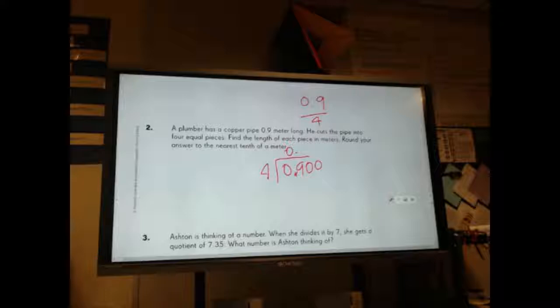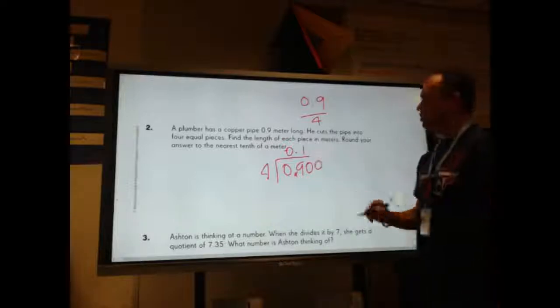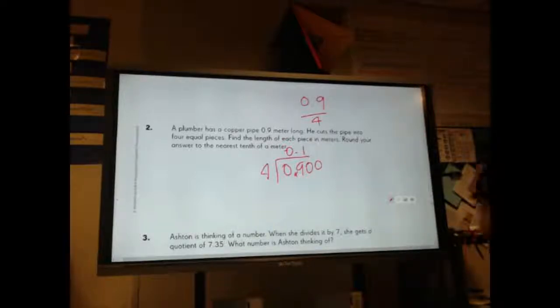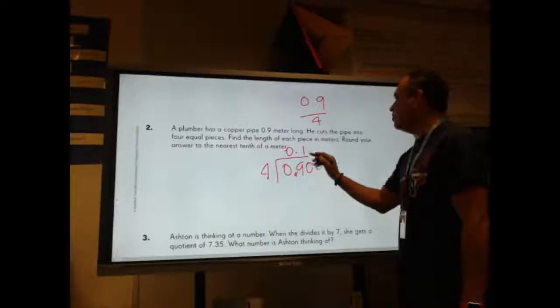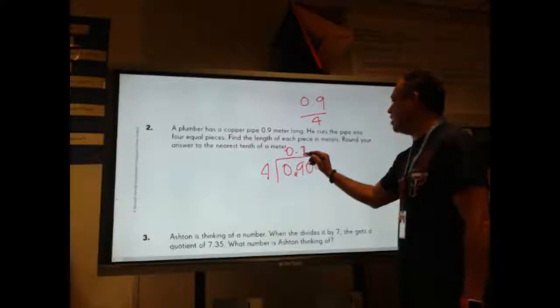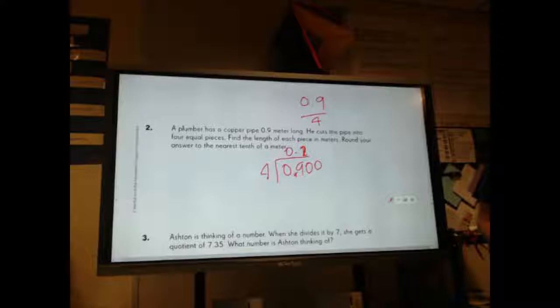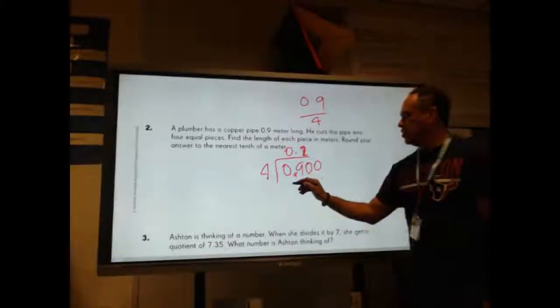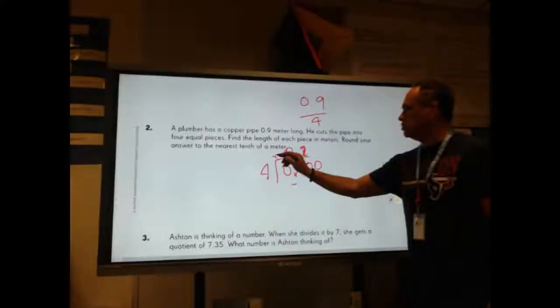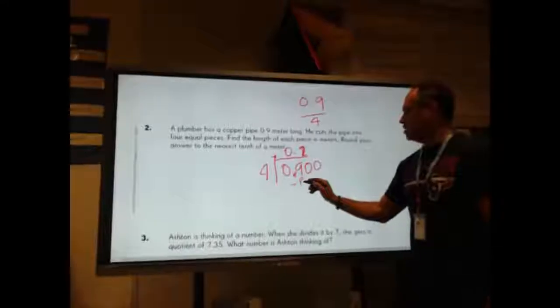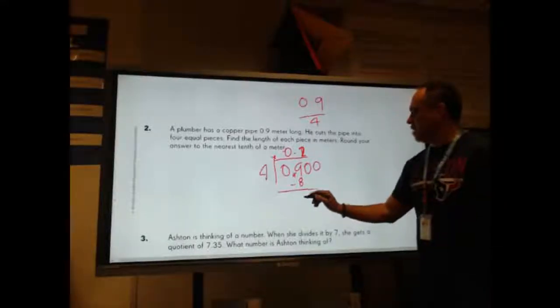All right, now ask yourself, does 4 fit into 9? Yes. 2 times. I'm sorry, 2 times. Who said 1? Confused me. 4 times 2 is 8. Subtract. I get a 1.